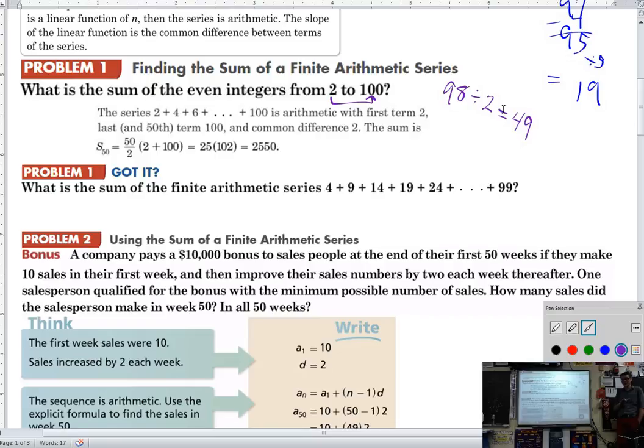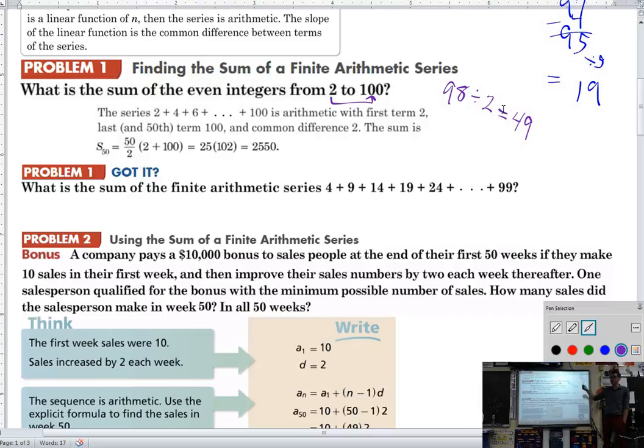So stop to think. We went back to compare this with even integers. We know from 2 to 100 there are 50 even integers. Count them up if you don't believe it. So we have 50 terms. We take our total difference divided by the common difference, and we got 49. 49 is not how many terms we have.